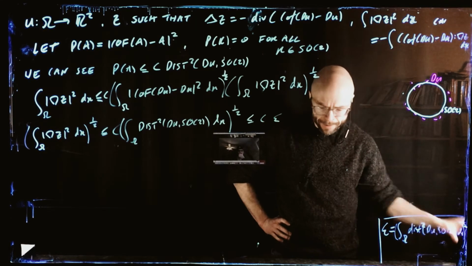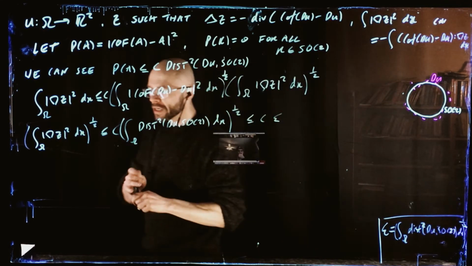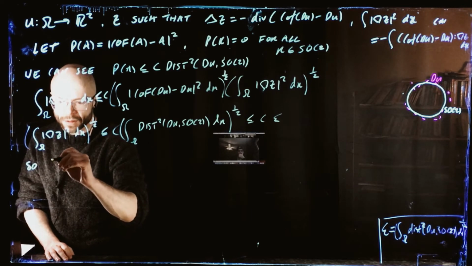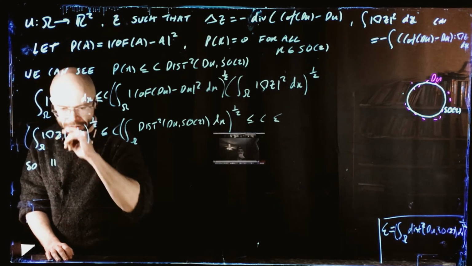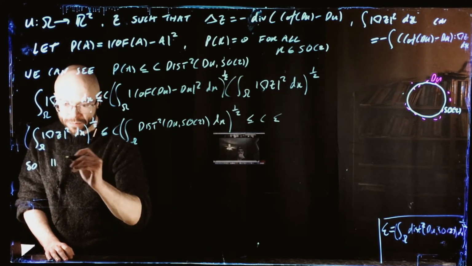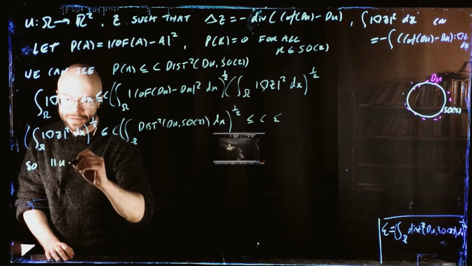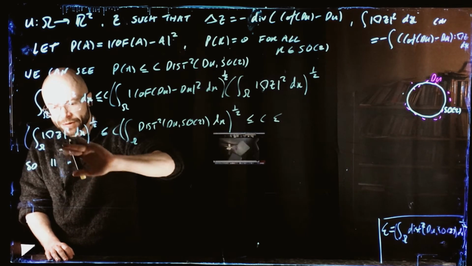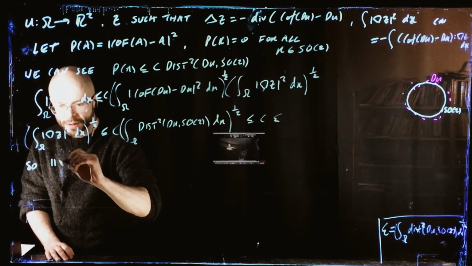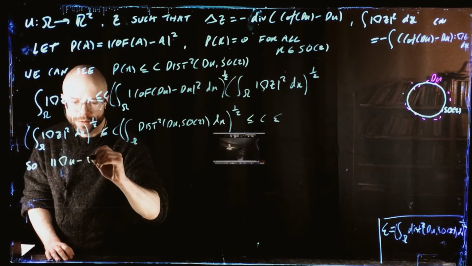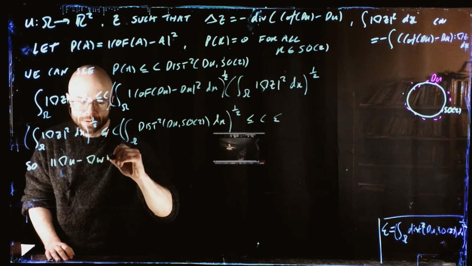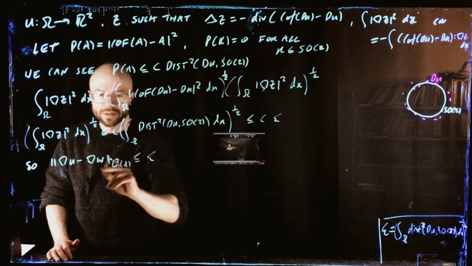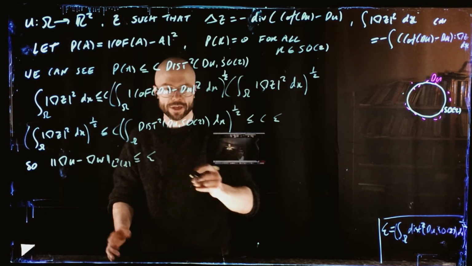Okay, so this trick is very good for us because what we have left, since you know L2 notation, what we've learned is that the difference between the gradient of u and the gradient of w in L2, omega is less than epsilon because w is just the difference between them.